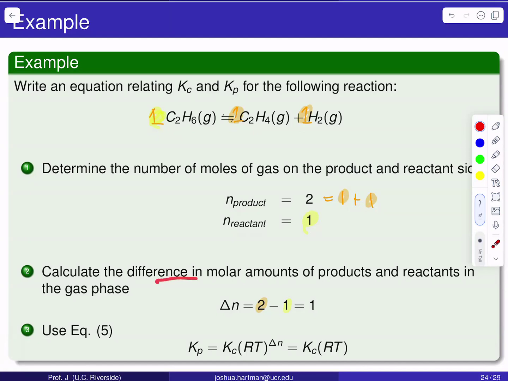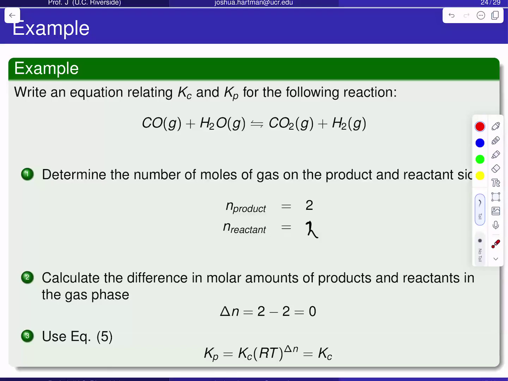So calculating the difference, products minus reactants, we get 2 minus 1 is 1. And of course, that means our power here is just 1. So Kp is going to be equal to Kc times RT, where R is just the gas constant.